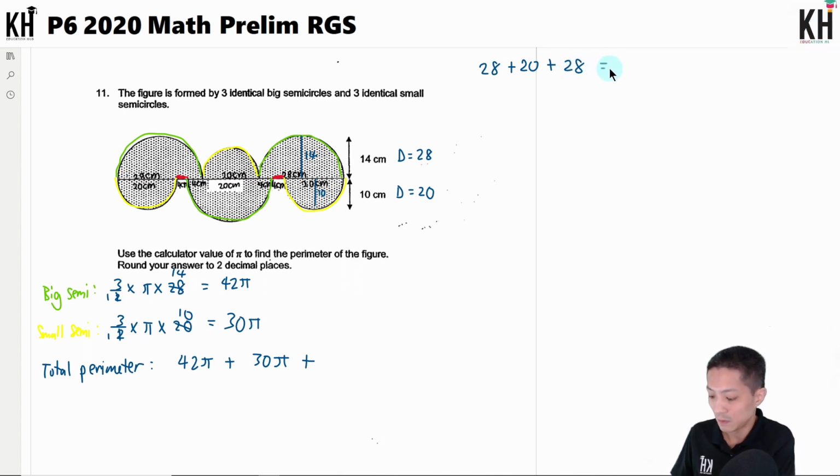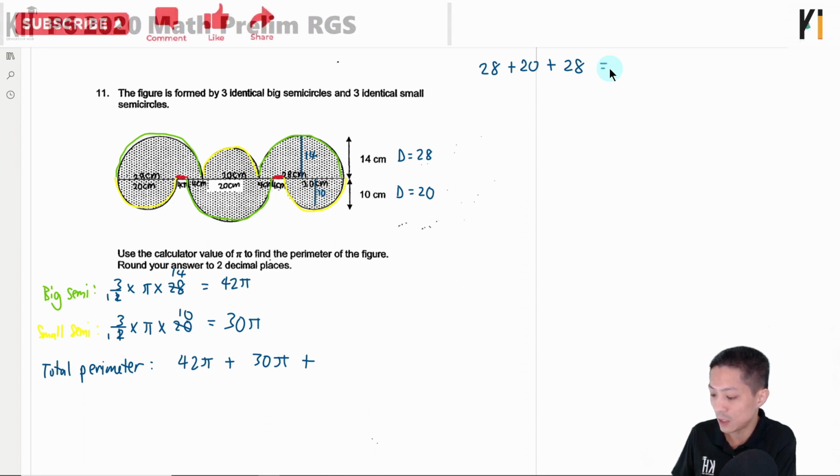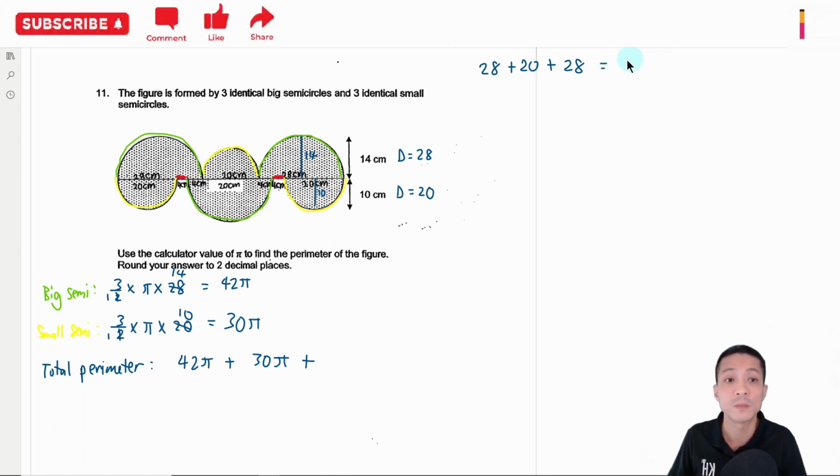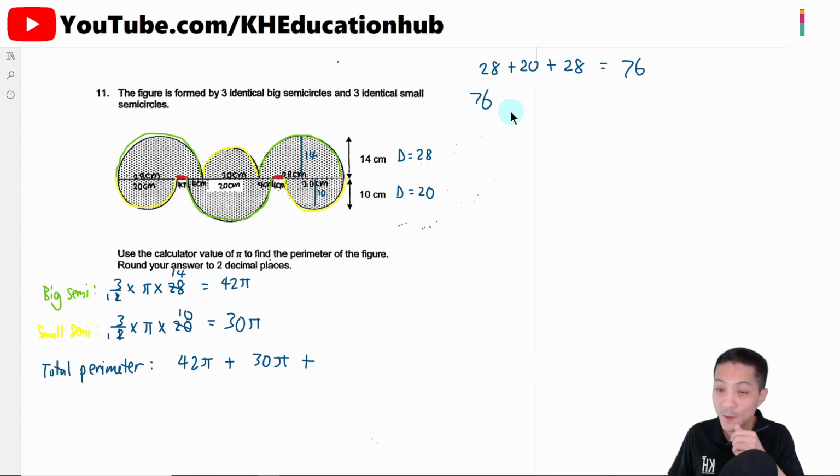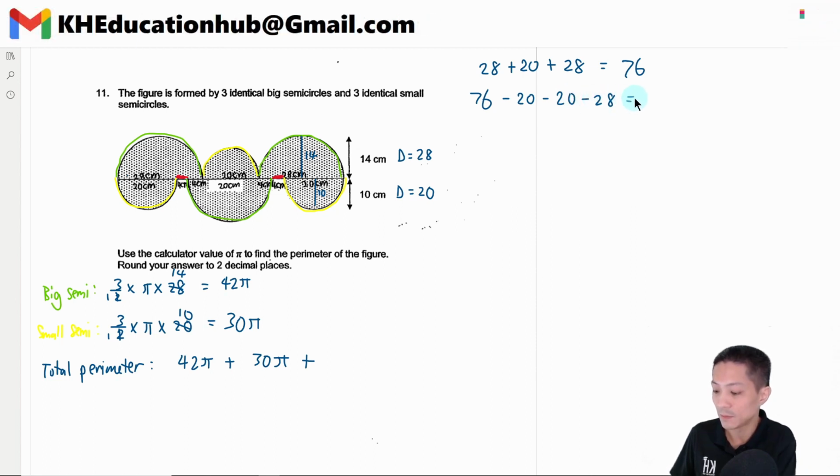So 28 plus 28 plus 20 is going to be 76. Then 76 minus 20 minus 20 and minus 28 is going to be 8 cm.